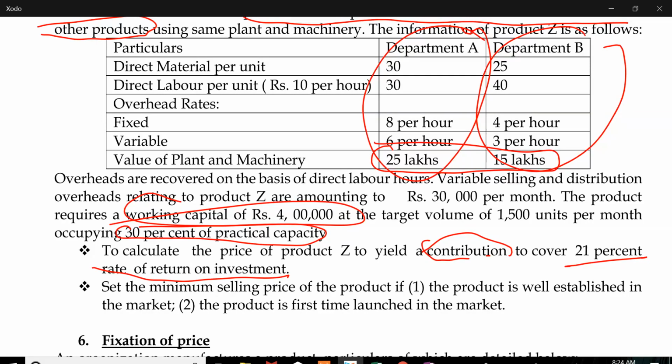Full stop. Investment in A and B is rupees 40 lakhs, and 30% of that is used for product Z.